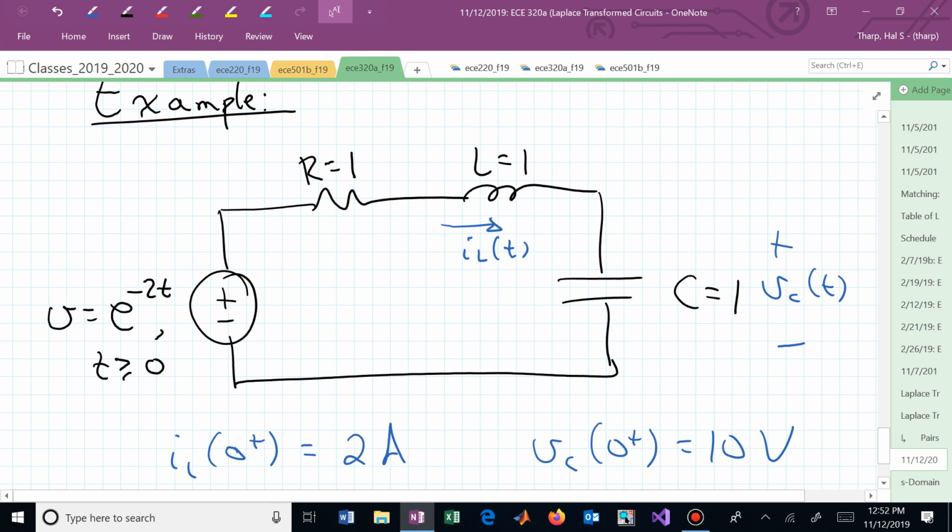We wouldn't have had to have DC sources interconnected in some way to produce those initial conditions. We could have maybe done it some other way, but all we know is that at time 0 plus, this is what's happening.